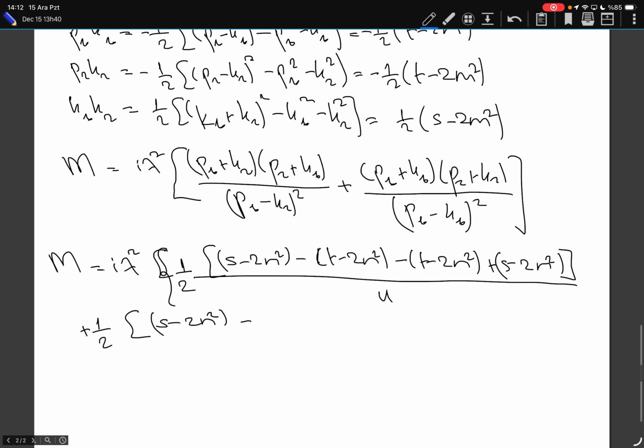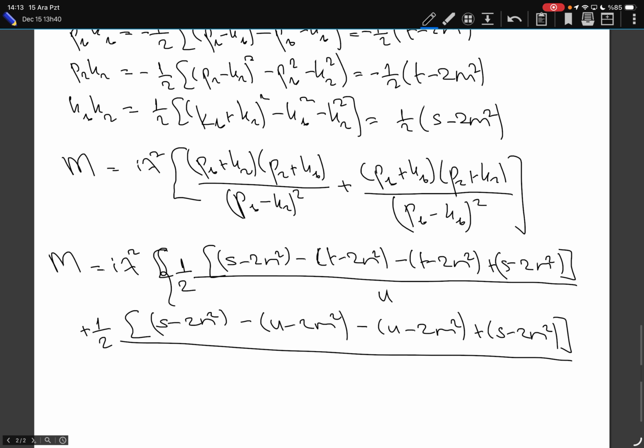So it will be minus U minus 2m squared. This is P1 times K2. I have K1 times P2, it will be the same. And I have K1 plus K2, it will be plus divided by P1 minus K1 is T, squared is T.